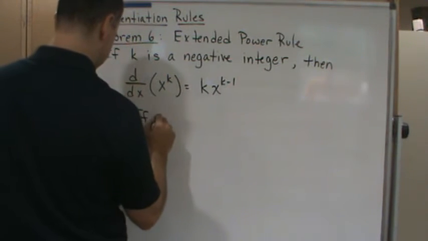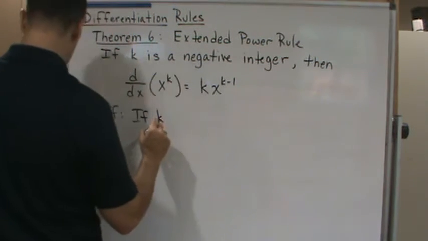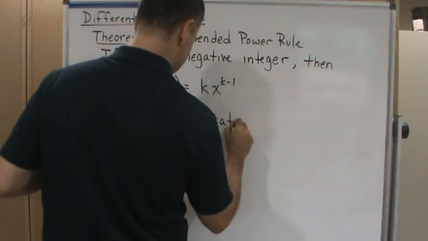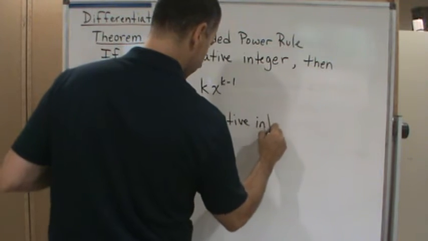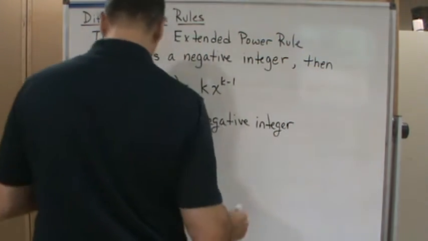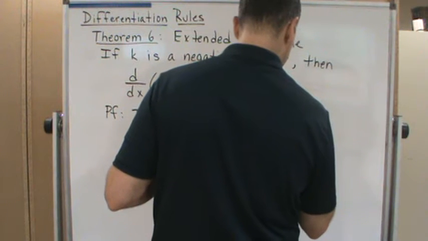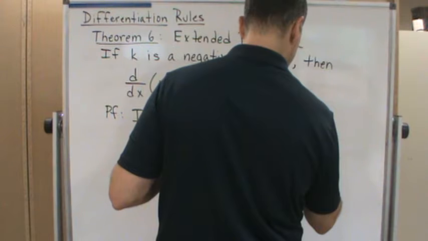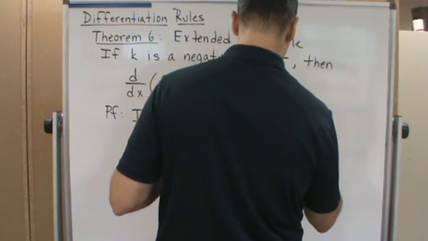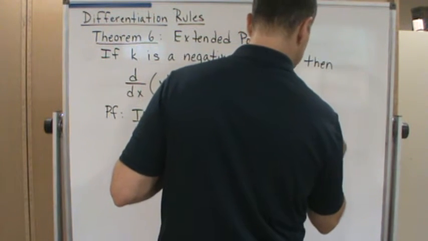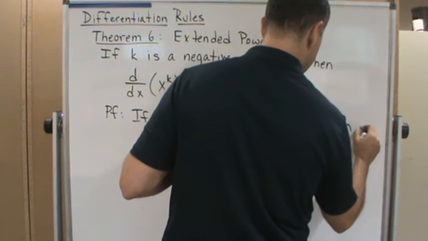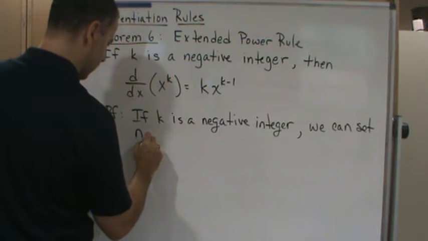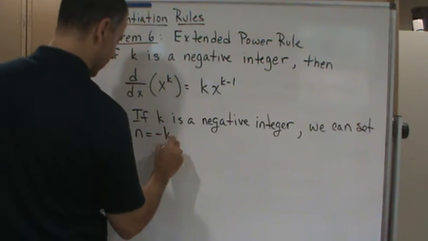So if k is a negative integer, what we can do is set n equal to negative k.